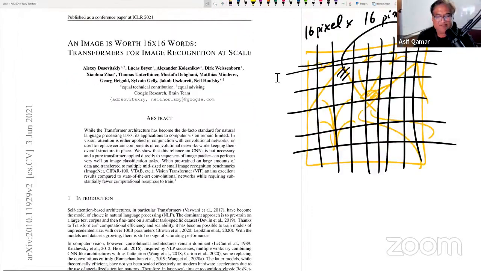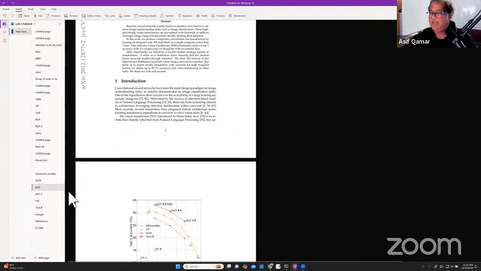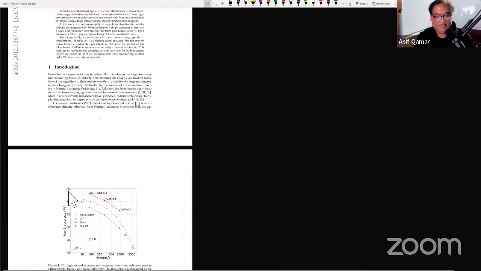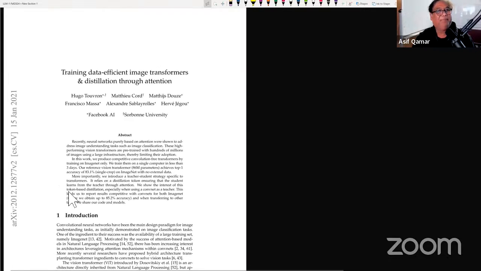This was an oddity. Then a similar approach was taken by Facebook. Facebook basically said, okay, let's try to do the same thing, but this time we have images too. We also can play this game. And this paper is interesting. It is called the DeiT paper.